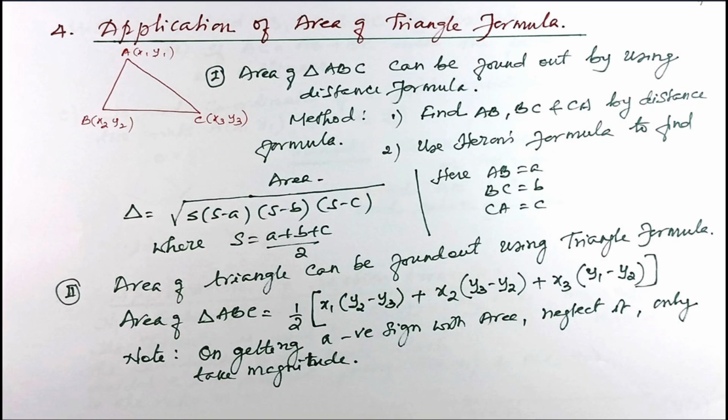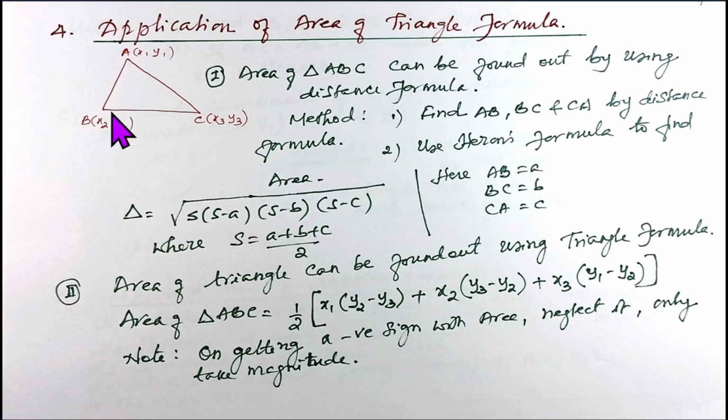Remember that. Now the next important application is how to find the area of a triangle. The area of a triangle whose vertices are given can be found in two different methods. The first method is to use the distance formula to find the distances AB, BC and AC.